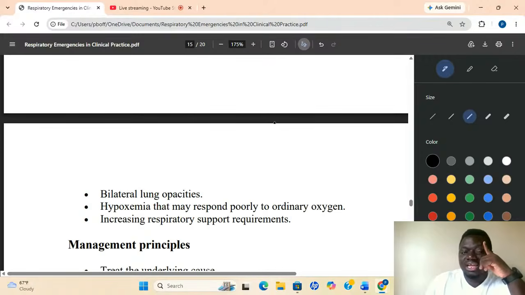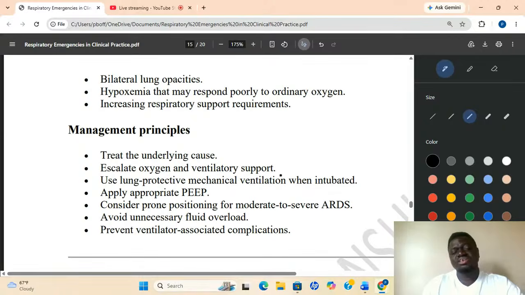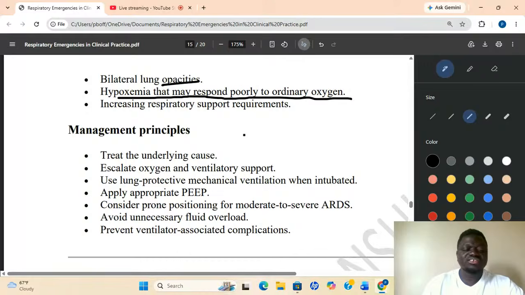The patient will say, for about 2 weeks now, every day I'm having issues with breathing, shortness of breath. They will come to the hospital unconscious. Bilateral lung opacities. Hypoxemia may respond poorly to ordinary oxygen. Increasing respiratory support requirement is very important.